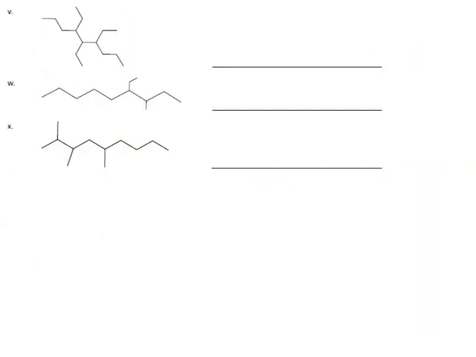Last one. Tragically, they're all line diagrams, so I get to draw in all these C's. C, C, C. The end of every line, in other words, every corner, is a carbon atom unless it's specifically labeled as being something else. Let's do all these while we're at it.